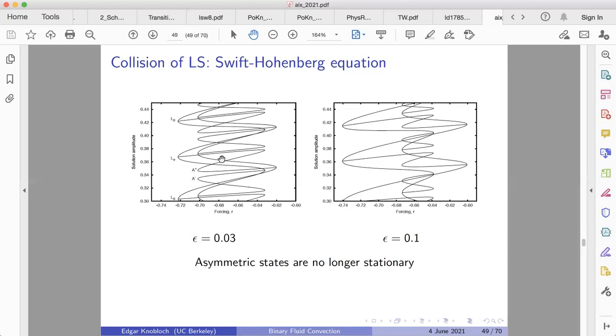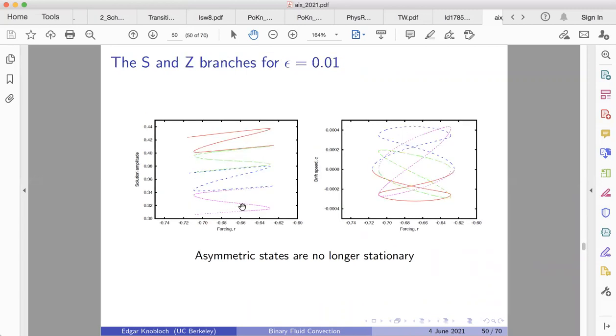Through these reconnections, I generate lots of coexisting, stable, moving structures. They lie on this branch, on this branch, on this branch. So I have a lot of choice of these moving structures, and therefore I can undergo collisions. And this just shows that if I look at this solution here, then corresponding to that, I have a non-zero drift velocity indicated over here. So that's just to convince you that these things really do move.